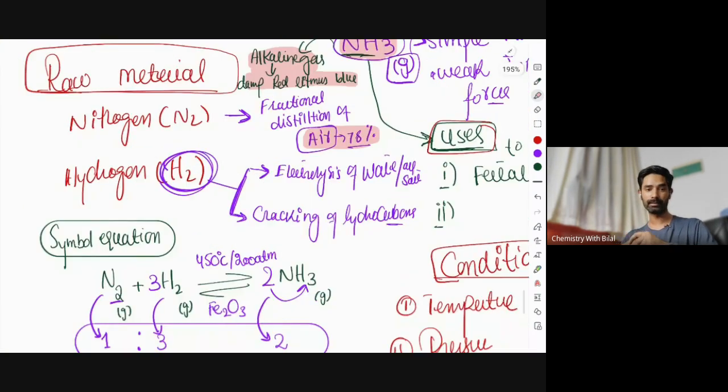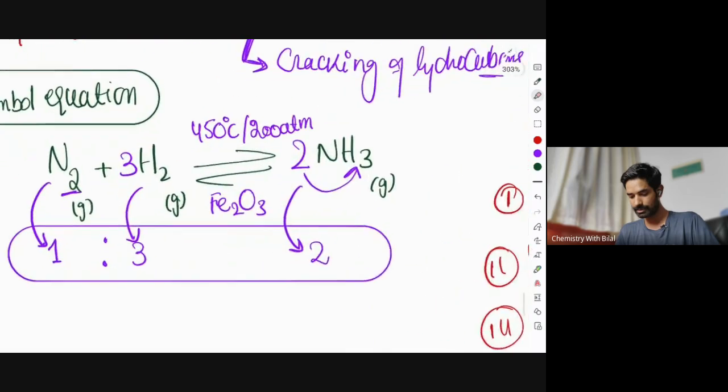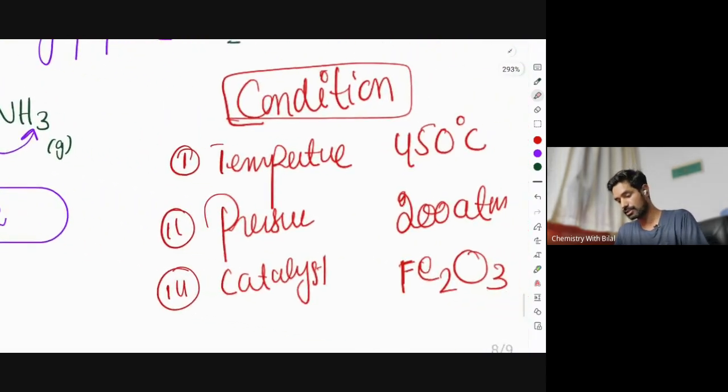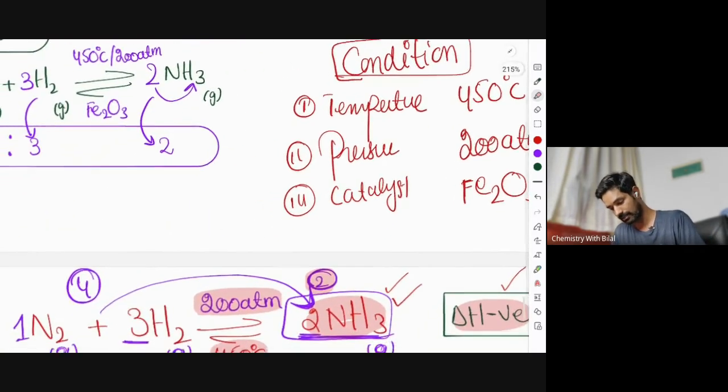It is produced from nitrogen and hydrogen. The source of nitrogen is air because it is present at 78%. Hydrogen comes from electrolysis of water or the cracking of hydrocarbons. This is the symbol equation, and the conditions are 450 degrees, 200 atm, and iron(III) oxide as catalyst.